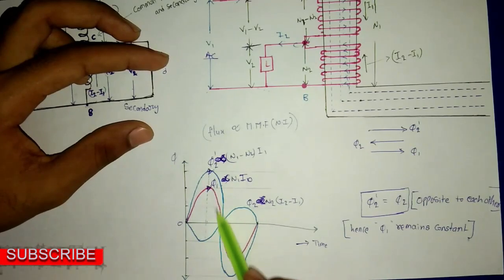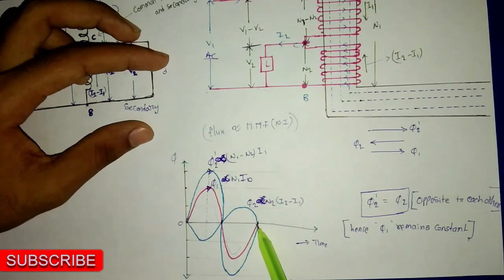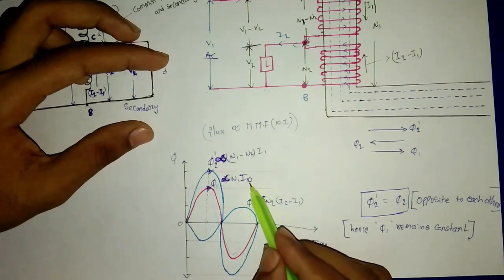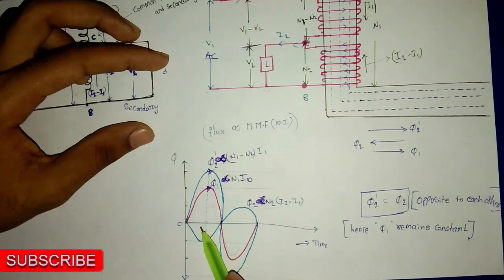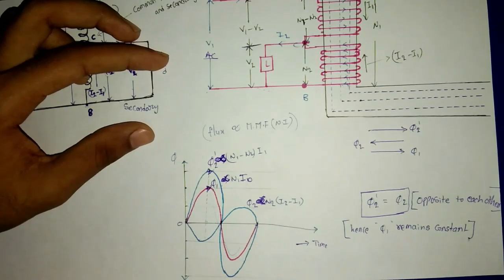I1 produces flux Phi1 under no load condition, hence the current is represented by I0. The alternating flux links with both primary and secondary. Alternating flux produces self-induced EMF in the primary winding and mutual induced EMF in the secondary winding.